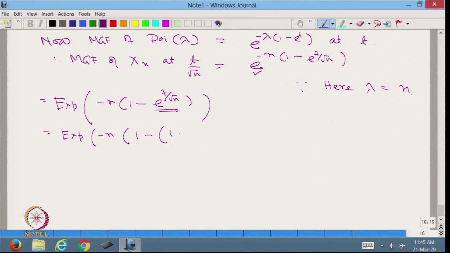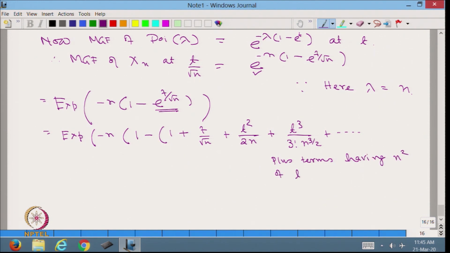This is equal to 1 plus t upon root n plus t square upon 2n plus t cube upon factorial 3 n to the power 3 by 2 plus terms having n square or higher power of n in the denominator.